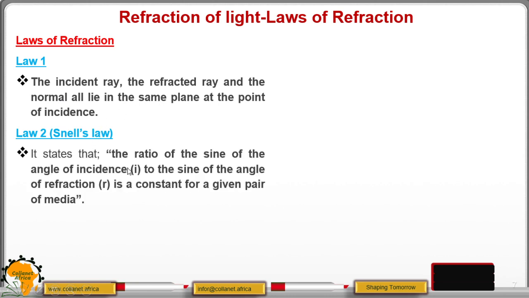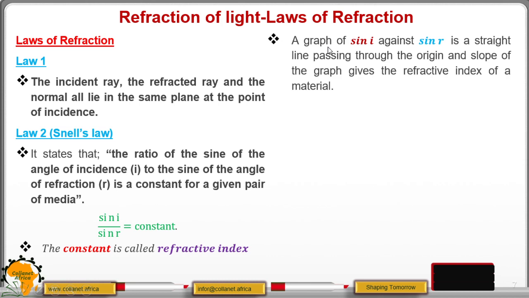Then law number 2, which we call Snell's law, states that the ratio of the sine of angle of incidence I to the sine of angle of refraction R is a constant for a given pair of media. That is, sine I over sine R is equal to a constant. And this constant, we call the refractive index.